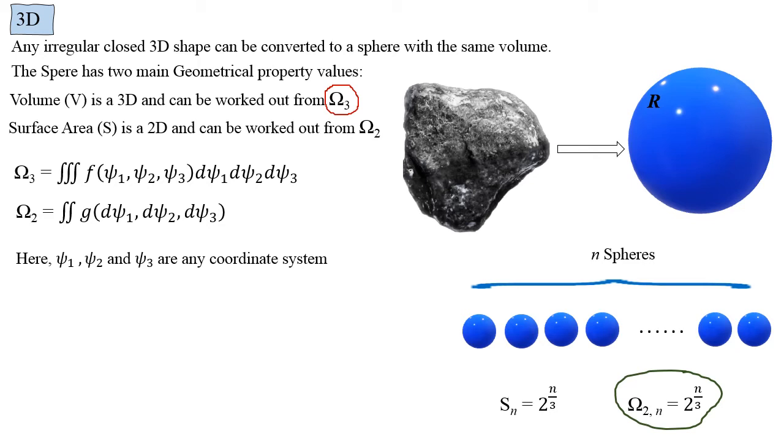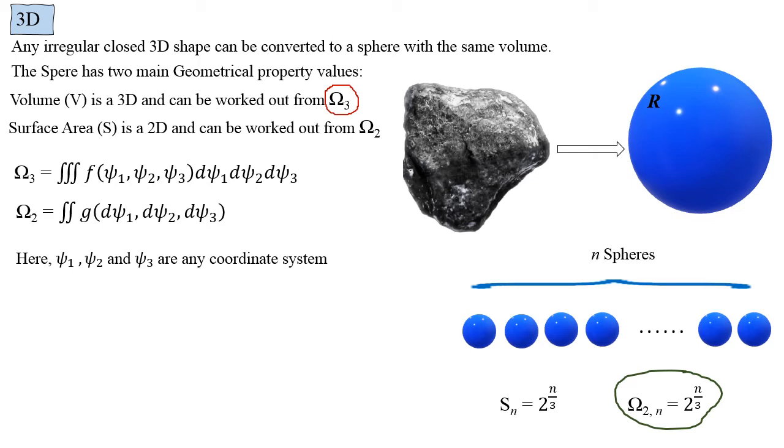Psi 1, psi 2, psi 3 are any coordinate system; it can be Cartesian, polar, spherical, whatever. For instance, if you divide this sphere into n smaller spheres, the ratio of the surface area of the sum of those to the original is equal to 2 to the power n divided by 3.